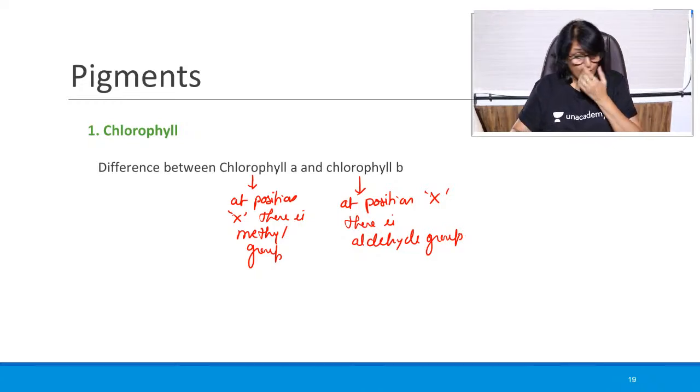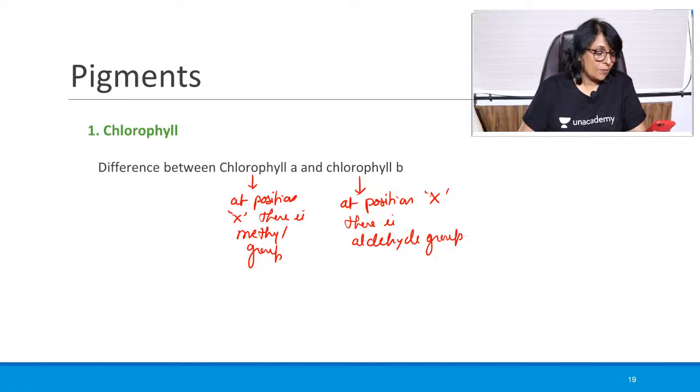Okay, so now we know the differences between chlorophyll A and B. I'm just checking the messages in case there is something else.